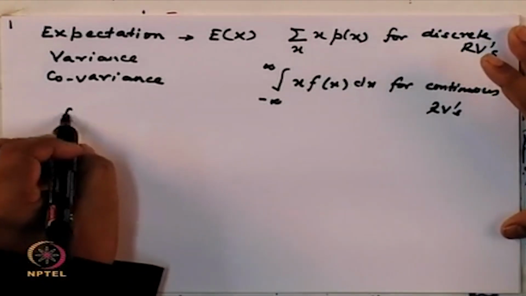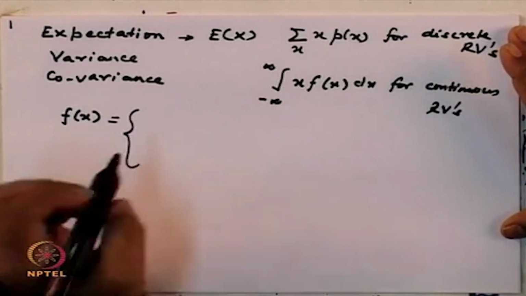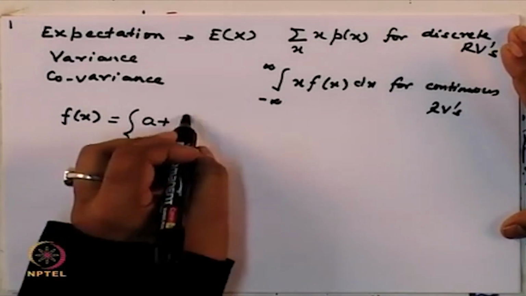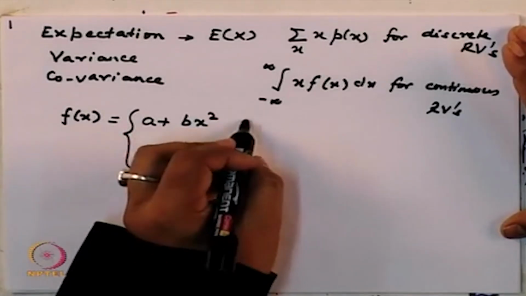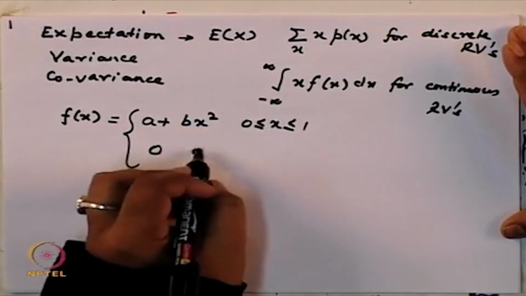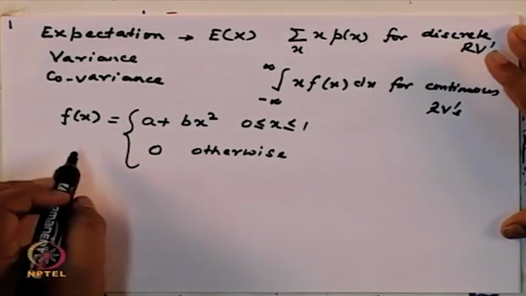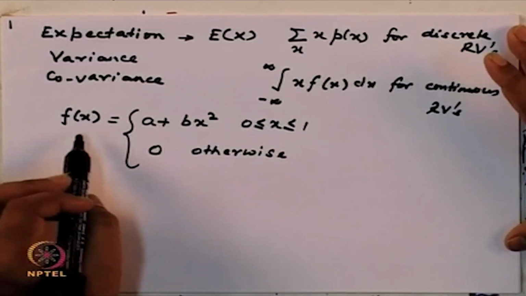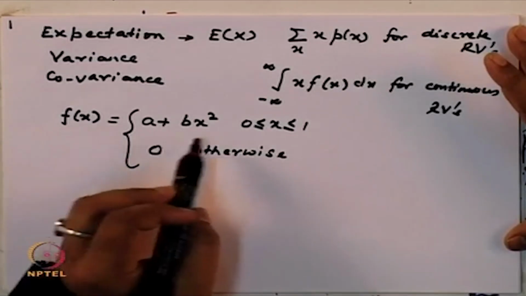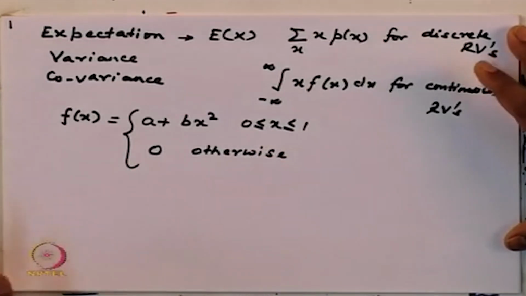Let us say the probability density function f x is defined as follows. You have defined the probability density function f x of a random variable as a plus b x square for 0 less than or equal to x less than or equal to 1 and 0 otherwise.